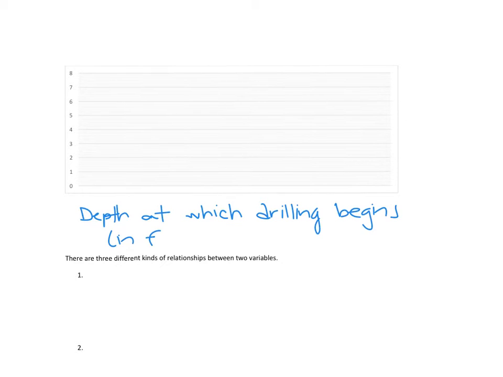Okay, so we can label our axis. This is going to be depth at which the drilling begins. Notice it's the exact title of the column we're drawing our values from. Units are important, so we'll let the reader know it's in feet. It's all about communicating what's going on.